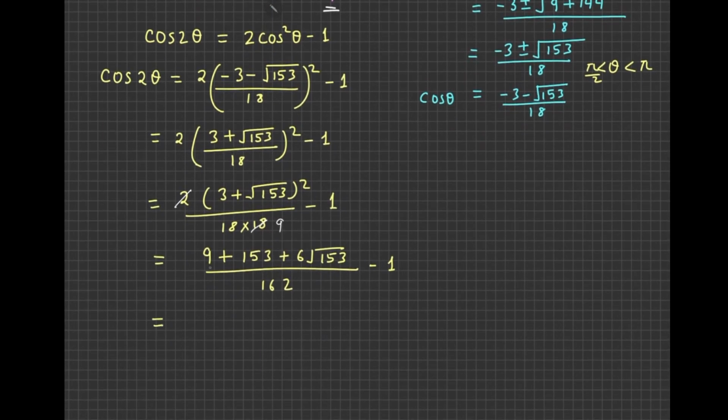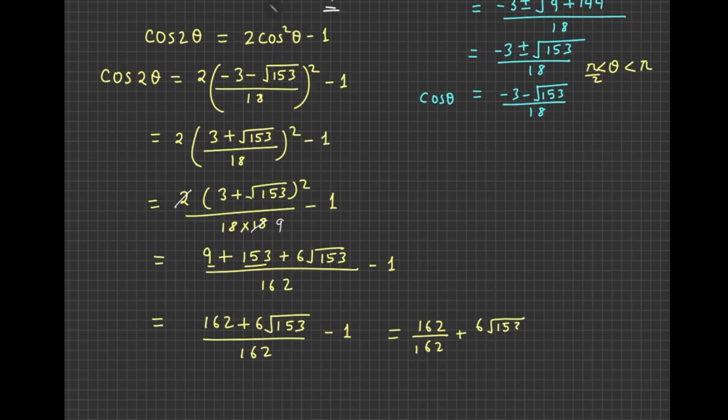Now 9 plus 153 is 162, plus 6 square root of 153, divided by 162, minus 1. What does this give us? This gives us 162 divided by 162 plus 6 times square root of 153 divided by 162, minus 1. So 162 divided by 162 is 1. 1 minus 1 is 0.